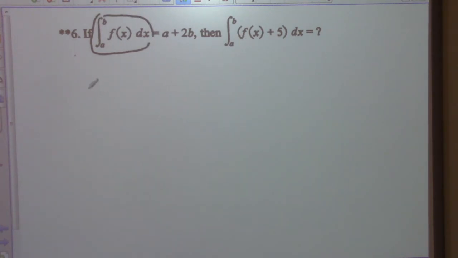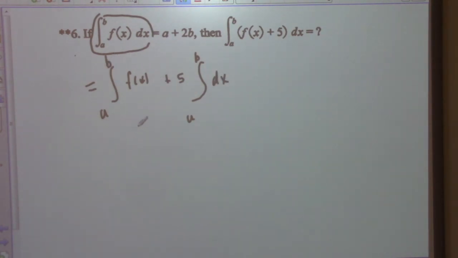So here, we can rewrite this thing as the integral from a to b of f of x plus 5 times the integral from a to b of dx.